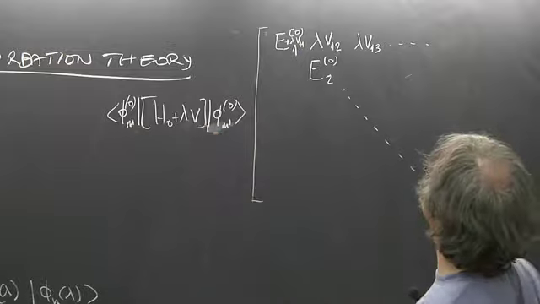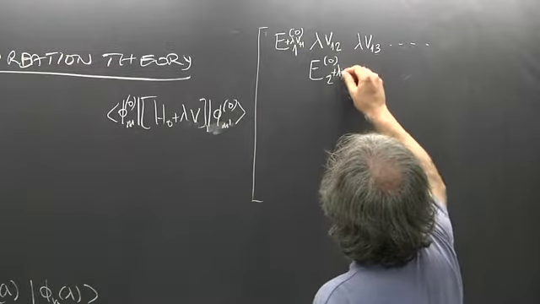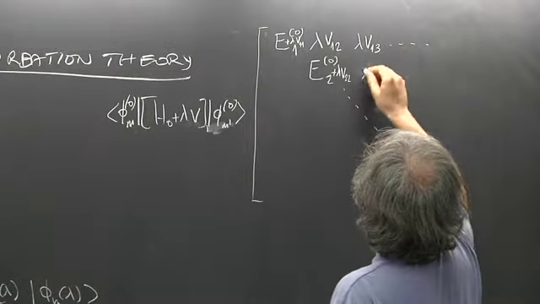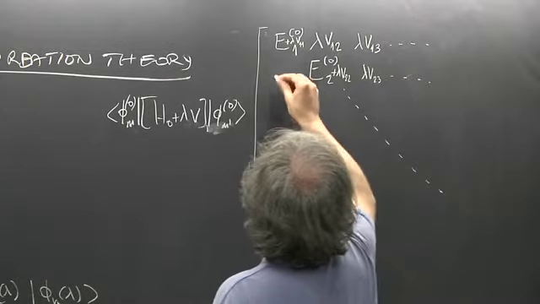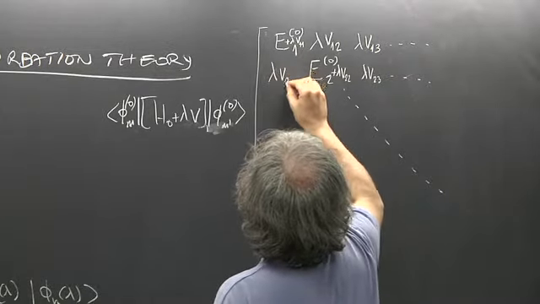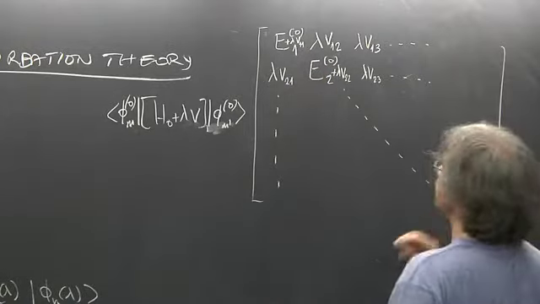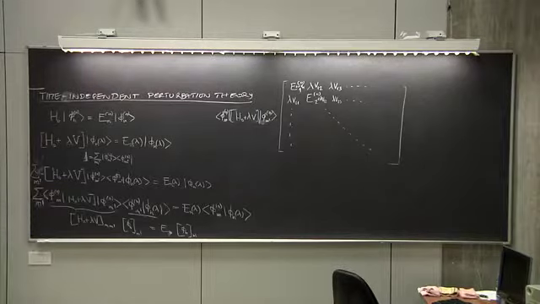In principle, this is there as well. And here I would have plus lambda V22, and then I have here lambda V23. Is this clear? Lambda V21. It's full of numbers. So I have to diagonalize this new matrix.